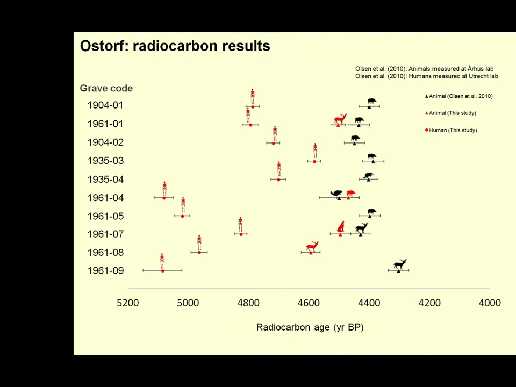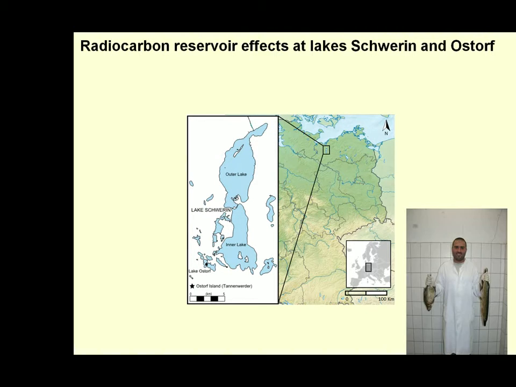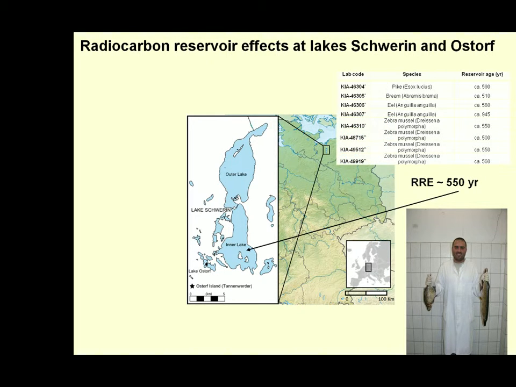Now we can explore this to check the reliability of the estimates generated by fruits. But for that we also need to know the radiocarbon age of the fish. The environmental conditions today are similar to those in the past, so we could collect modern fish to determine this. We focused on the bigger Lake Schwerin, located 1.5 kilometers from Lake Orstorf, and measured the radiocarbon reservoir effect for different species, and this is about 550 years.